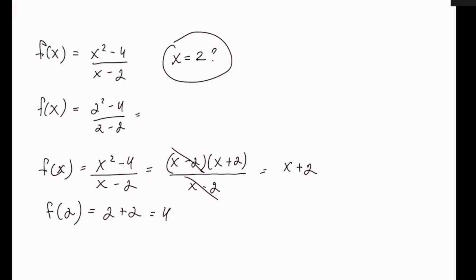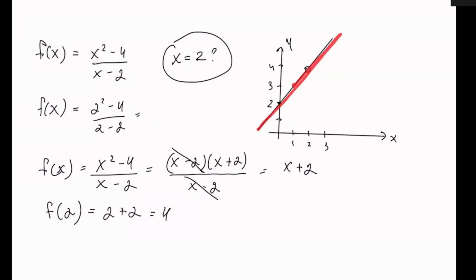Graphically, it looks like this. We have this line here with a hole at x equals 2 and y equals 4, right? So the function is not defined at this point, (2, 4), but as x moves close to 2, our function approaches 4, and from the right side as well, we're approaching this 2.